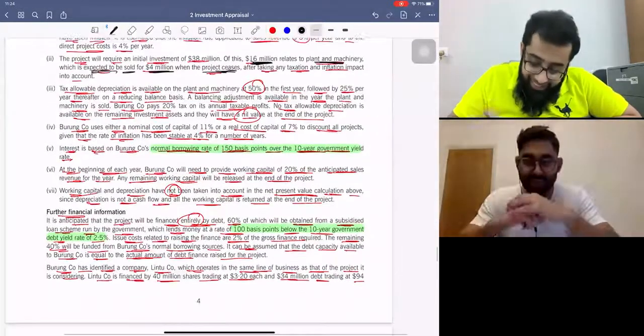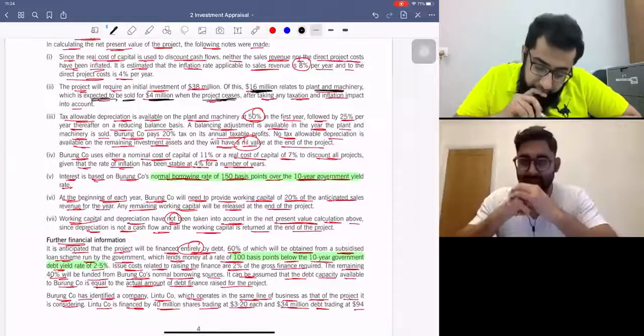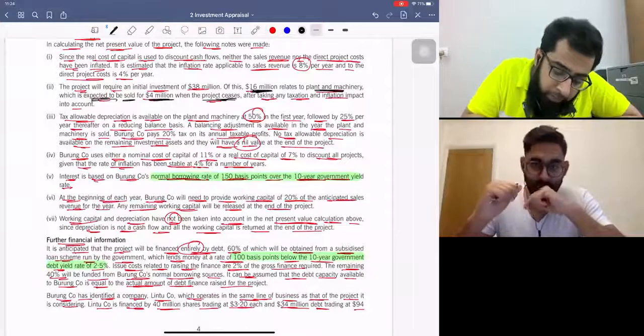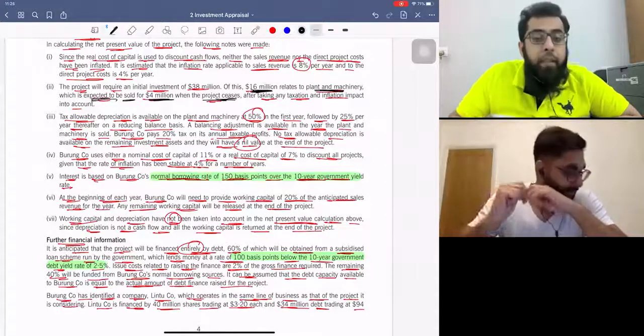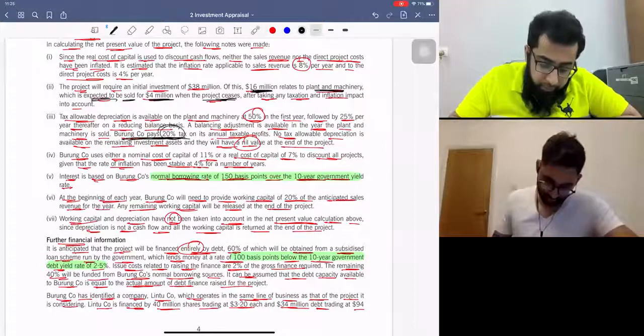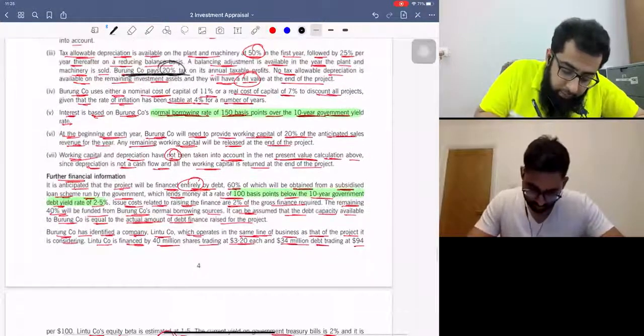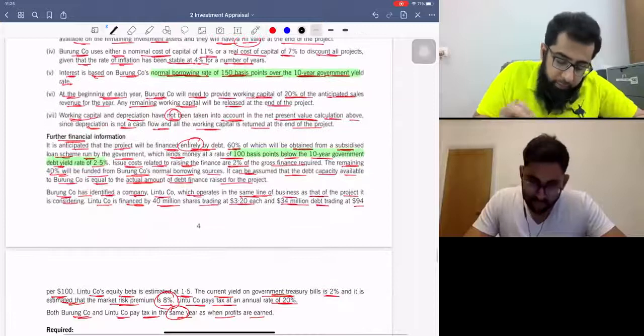The rate of tax was, yes, Burung company pays tax at 20%. So let's include the impact of the tax. It doesn't say whether this is year after.